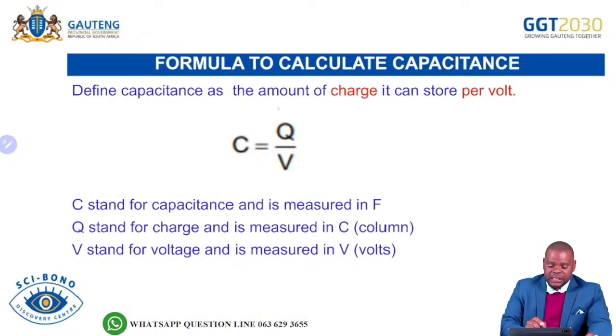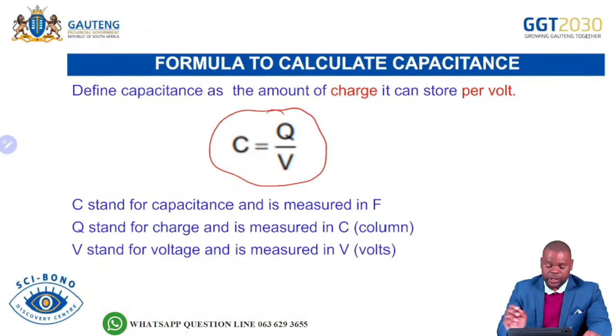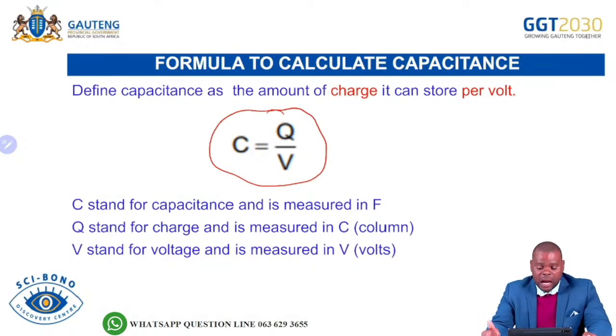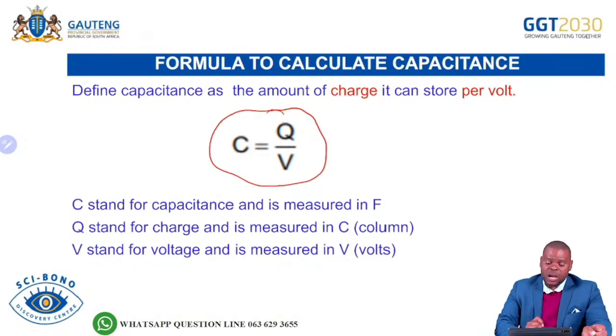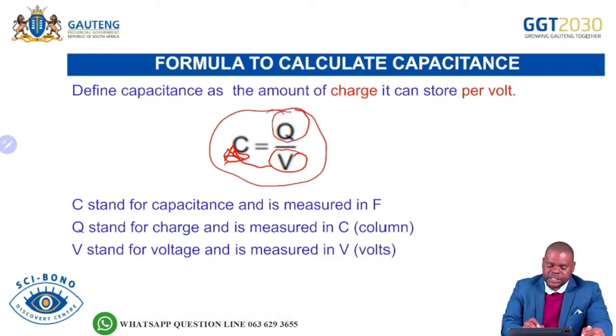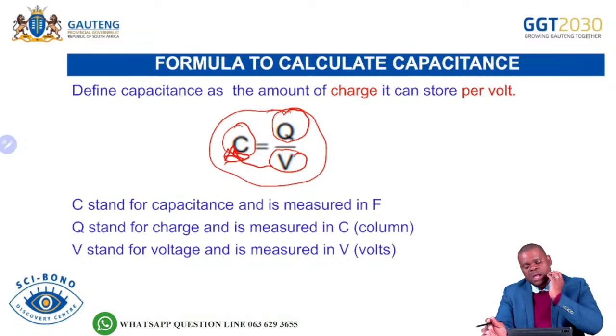This formula is the one that we started with, that says capacitance is equal to charge divided by voltage. When you increase the voltage, you are decreasing the capacitance. But when you decrease the charge, you'll also be decreasing the capacitance.